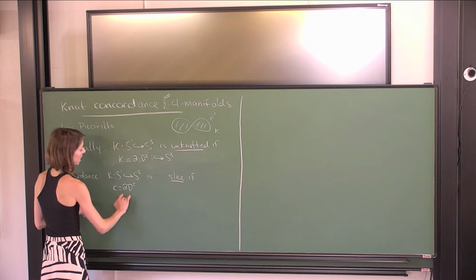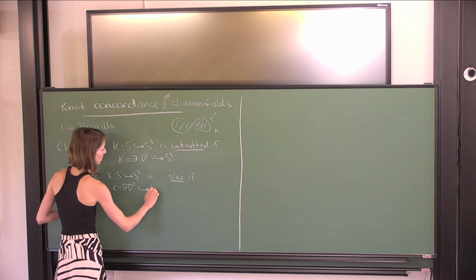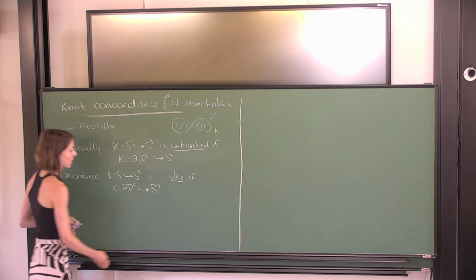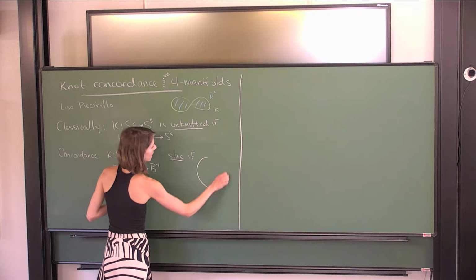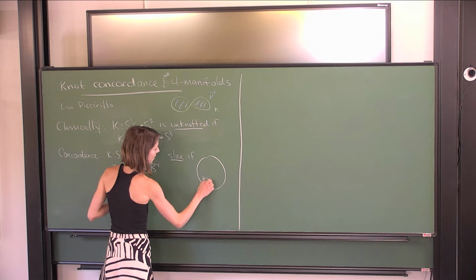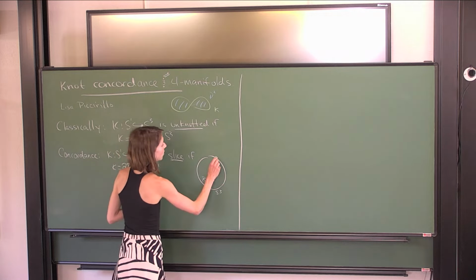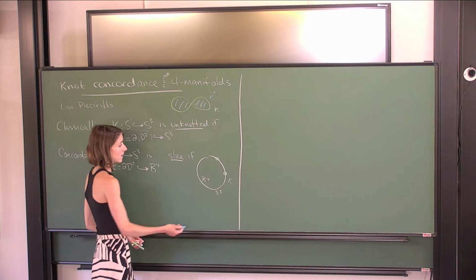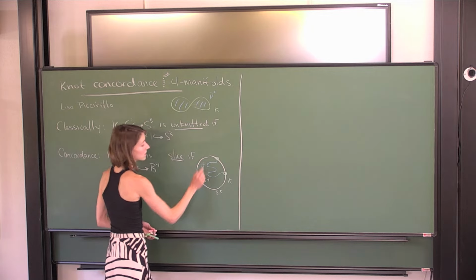The only thing we're going to change is where this disk lives. So now I'm going to let this disk use a little more space. It just has to be embedded in B4. I can't draw you an exact picture of this, but the schematic you should have in mind is, here's your 4-ball. Its boundary is S3. You can choose any knot that you like in S3, and now we're going to say that this knot is slice if you can find a D2 that it bounds in here.